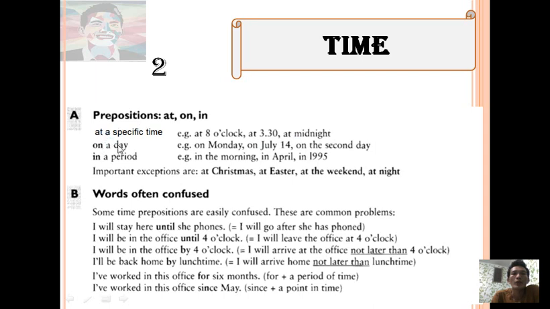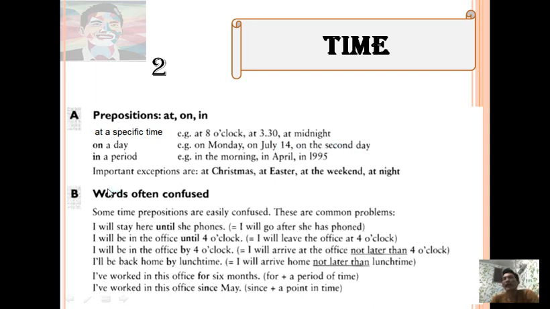And when there is the preposition on, it must be preceded by a day. Example, on Monday, on July the 14th, on the second day.